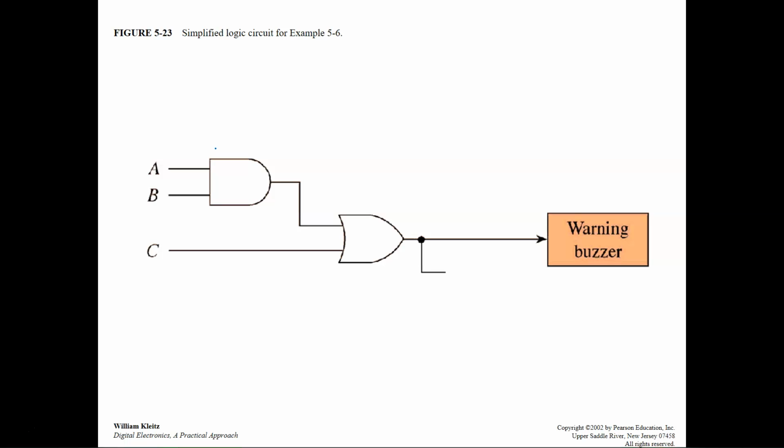Yes, ma'am. However, isolating C, this could very well be just your car door being open. That's sending off a warning buzzer in your car. So this would be a little bit easier to, A, wire, and B, follow if you have to go back and start looking for where the problem is with this particular component.